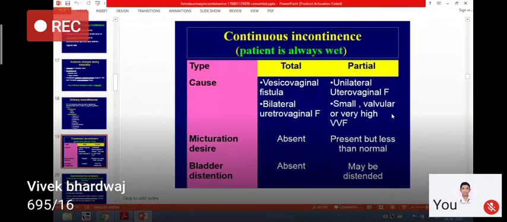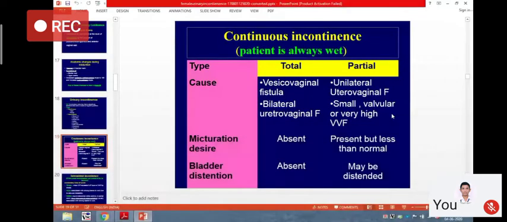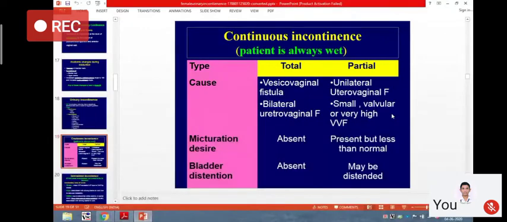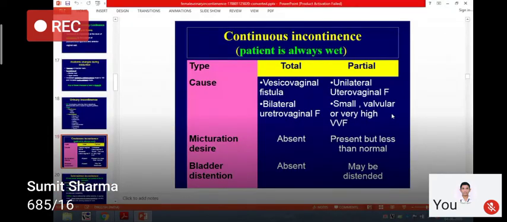Then total and partial. Total incontinence is there whenever there is a fistula, like vesicovaginal fistula or bilateral ureterovaginal fistula, or partial when unilateral ureterovaginal fistula or small valvular or very high VVF. In total incontinence, micturition desire is absent, but in partial, it is present but less than normal.